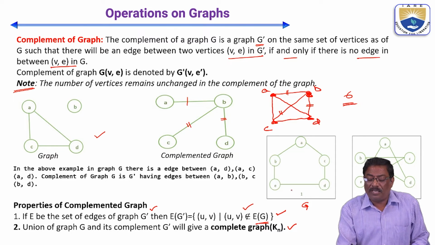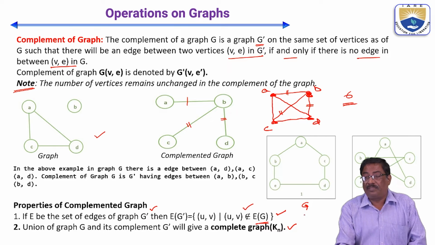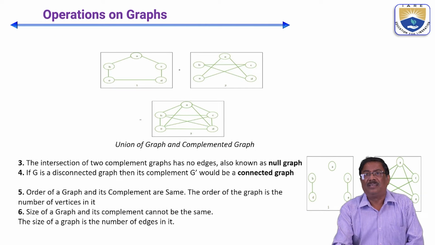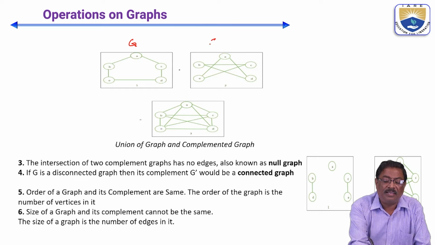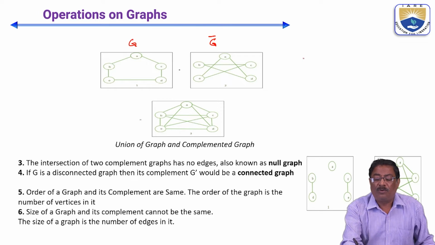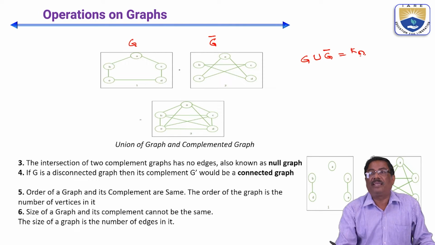Whatever vertices and edges are there in the complete graph, the edges that are not there in the given graph itself will be there in its complement. Now we are just taking the union of these. Here it is G and this is its complement. Then Z union G complement is nothing but a complete graph with n vertices.